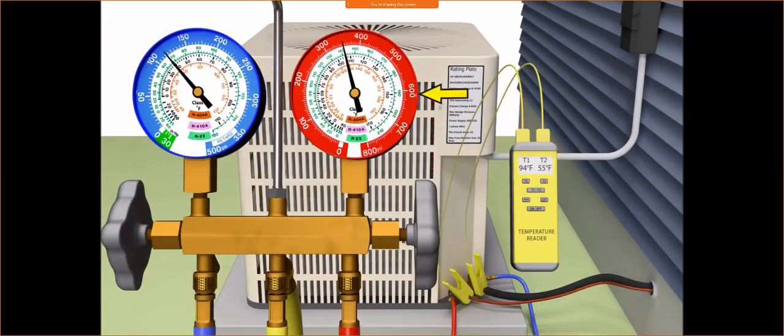Now, you should also check that high side gauge anytime you're checking the refrigerant charge, because if you have a very high subcooling, that could be an indication of a liquid line restriction problem. Say you had a saturated temperature on the red high side gauge of 135 degrees, and you were reading 80 degrees as the actual temperature on the small liquid line.